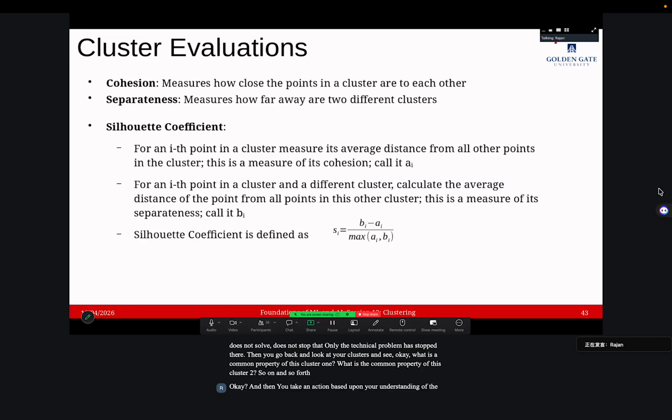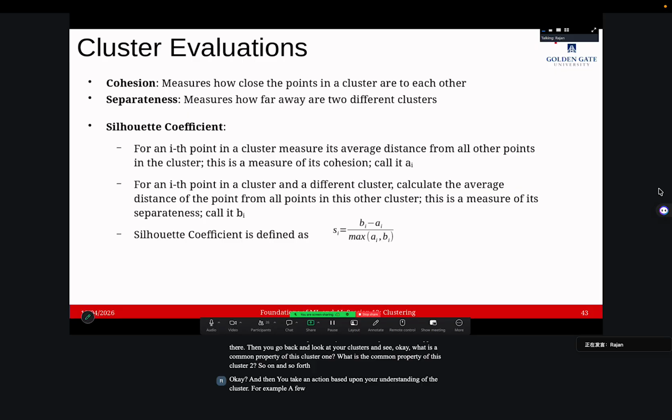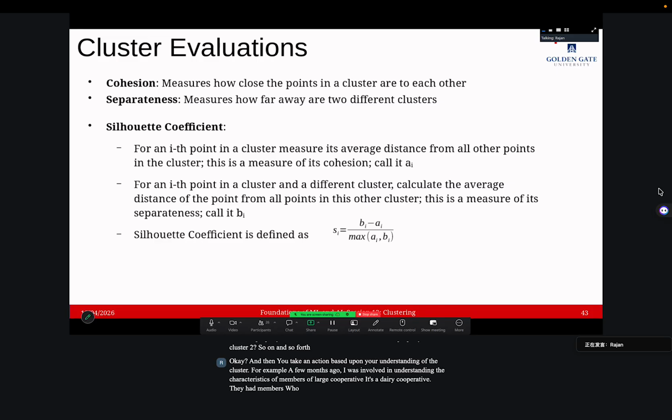For example, a few months ago, I was involved in understanding the characteristics of members of a large cooperative. It's a dairy cooperative. They had members who had anywhere from 1 cow to about 10,000 cows. So a large variety of members.